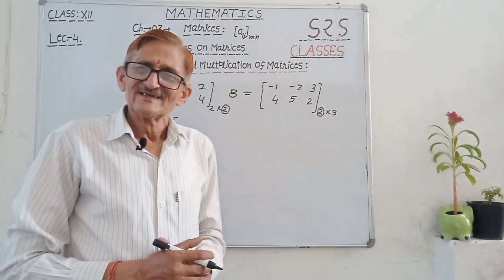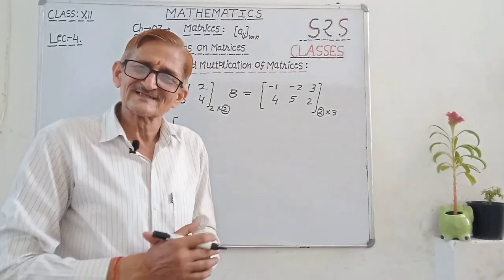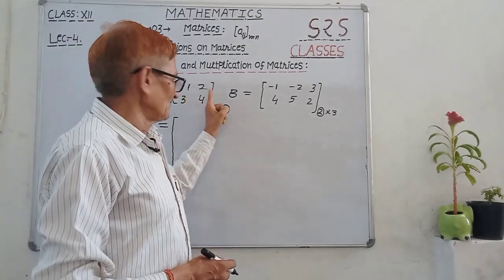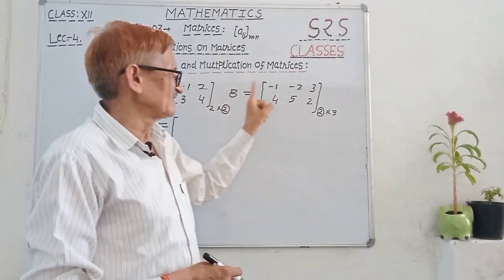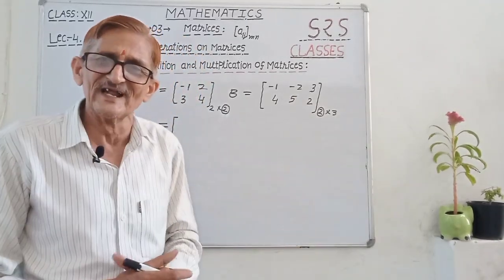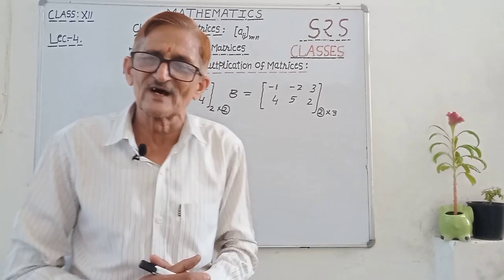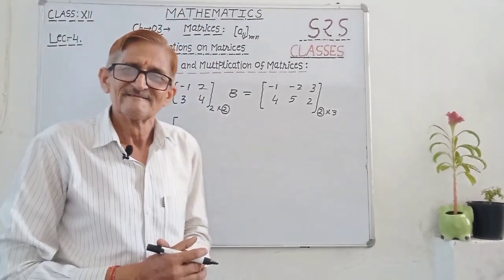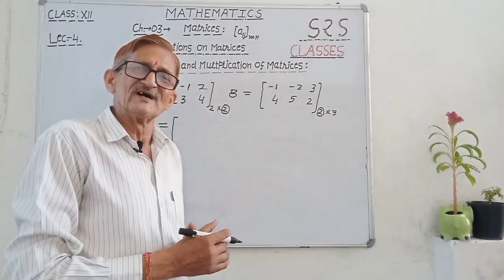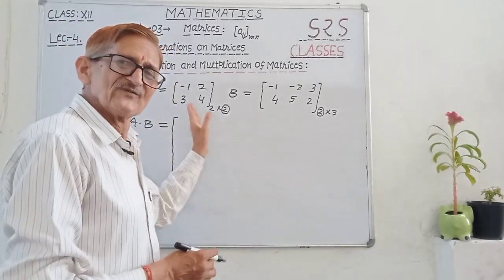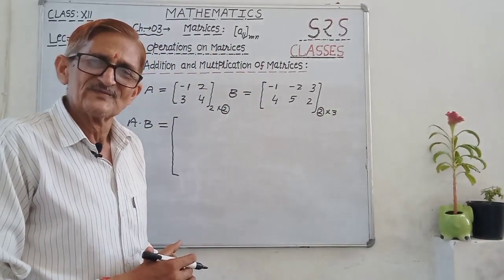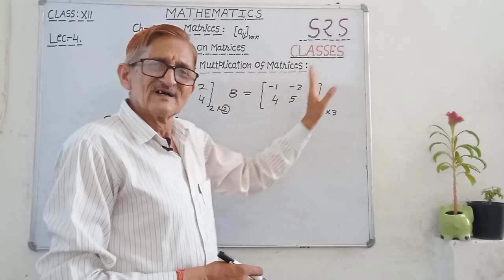After that, the second element of the product matrix. How to find? First row of the first matrix with the second column, corresponding elements multiplied and summed. Similarly, the third element of the first row comes from the first row with the third column.